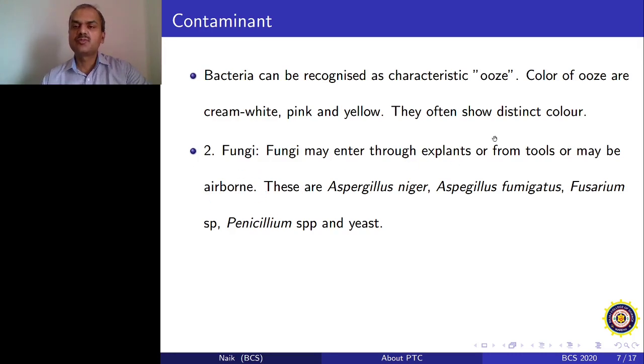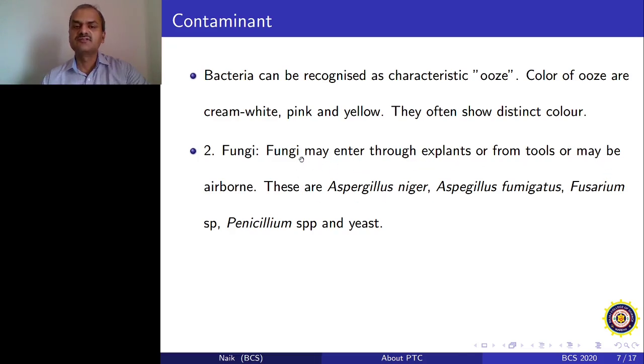If your tools are not properly sterilized, if they are rusted, then you will have some fungal contamination from that as well. And as I told you, if the explant surface sterilization protocol is not optimized, then you will have lots of fungal growth in your tissue culture vessels.